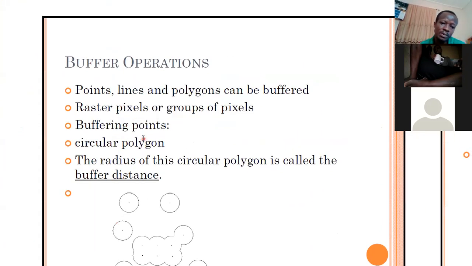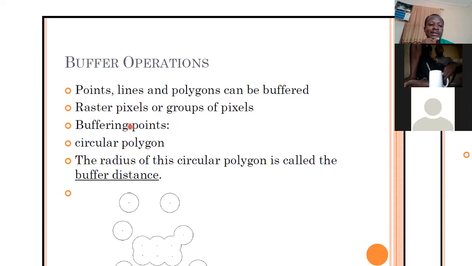Is that okay? You always have a polygon at the end. You can also buffer pixels, as in the raster model. Pixels are like squares that make up a picture. Later we'll talk more about that.